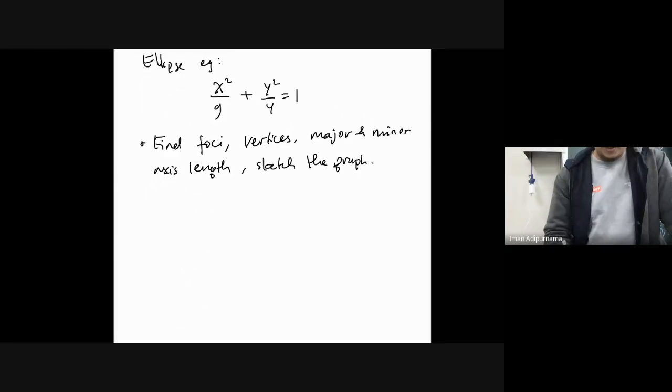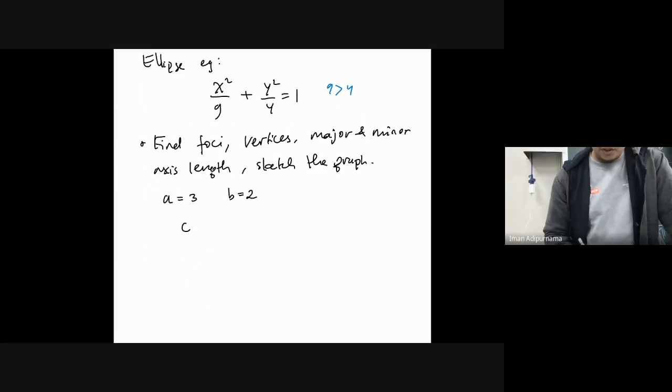So if you get this ellipse, then nine is greater than 4, right? So A is 3, B is 2.